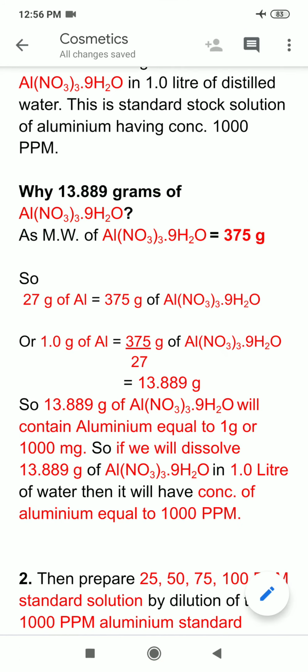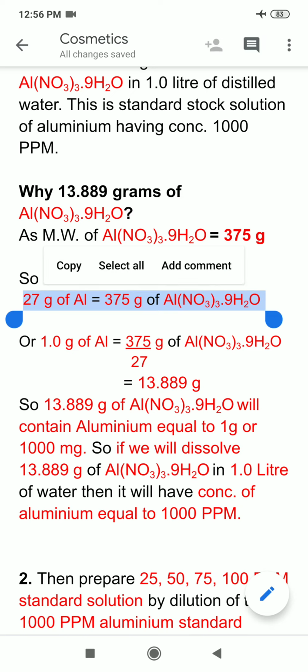So 375 grams of aluminium nitrate nonahydrate contains 27 grams of aluminium. So 27 grams of aluminium corresponds to 375 grams of aluminium nitrate nonahydrate.